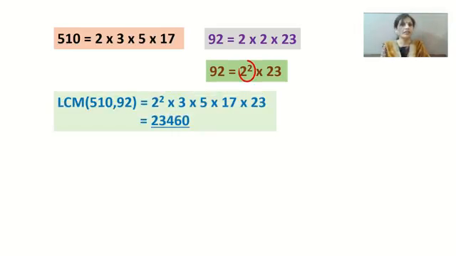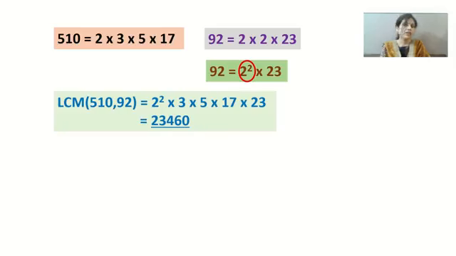Then the next prime factor greater than 2 is 3 there, and 3 has occurred only one time, so we will write 3. Then the number is 5. It is only one time, so we will write 5. And after that we will write 17 and then 23.